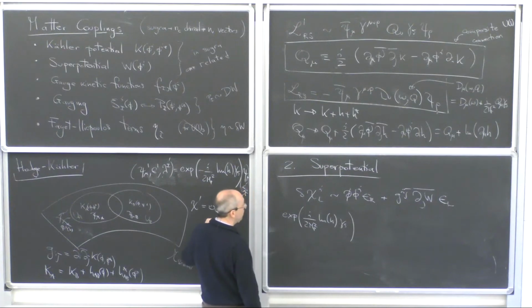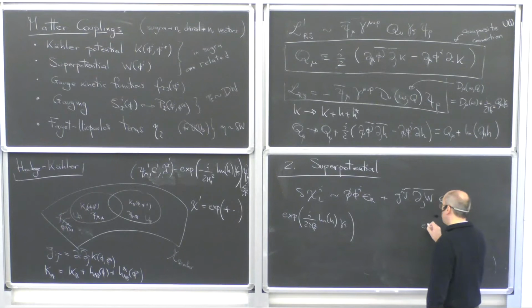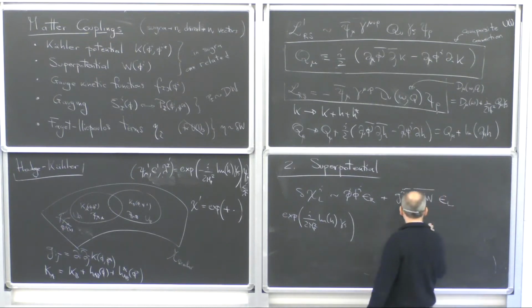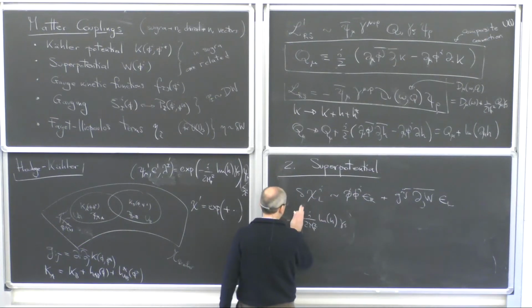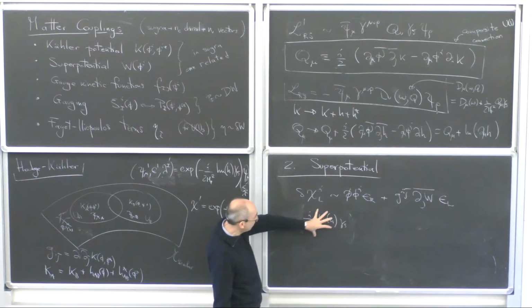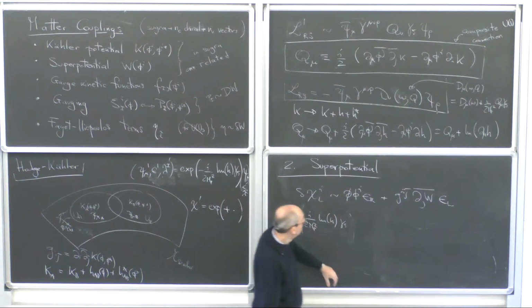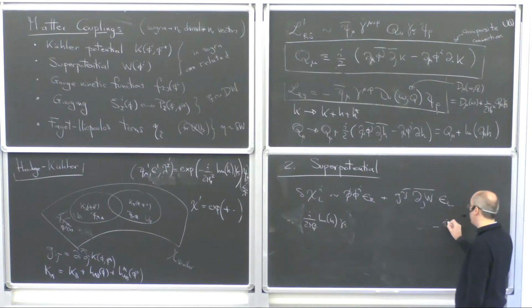Chi transforms with this. Epsilon, we said, transforms in the opposite way. So let me actually forget the exponential. There is an exponential of everything here. These are the exponents of my transformation. Okay? On the left-hand side, the exponent is going to be something like that. Here, on the right-hand side, since I have epsilon, I have something that goes with minus.